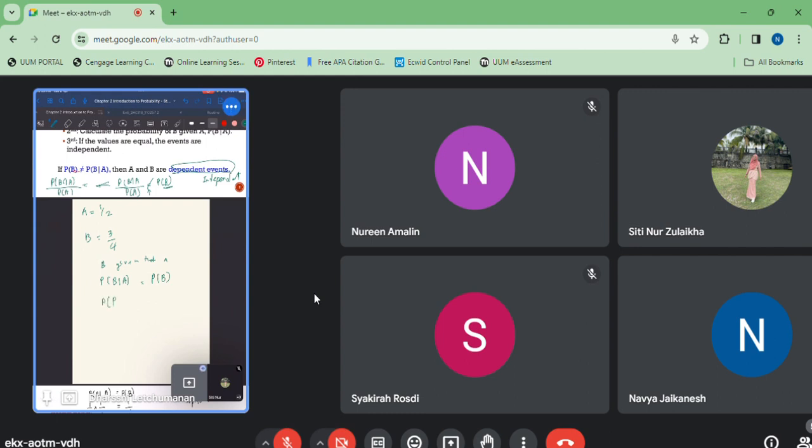P(B intersect A) over P(A) equals P(B), which is 0.4 times 0.2 over 0.2 equals 0.4. Same, right? The probability of B is 0.4, because I wrote it here already. So you're getting the same, which means they're independent. They do not relate to each other. That's all. Can you understand this formula?